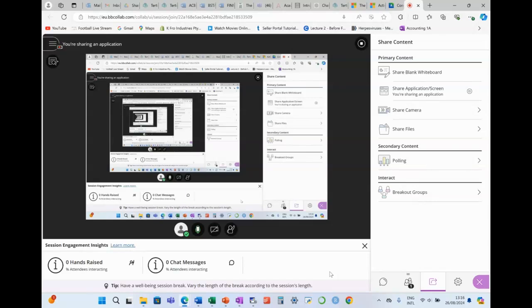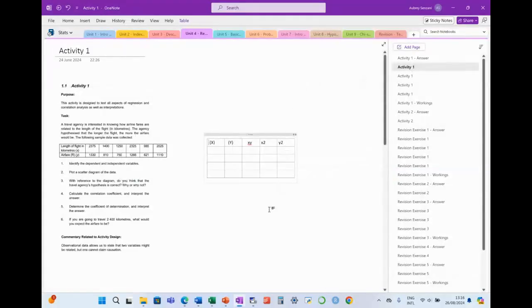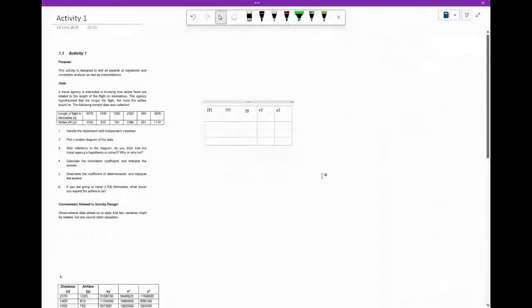So I'm going to kindly ask if we can turn to our workbooks or work packs, and then if we can do Activity 1 together. And yeah, we'll be taking our time with these because I want us to get confident and comfortable with what we are doing in Learning Unit 4.